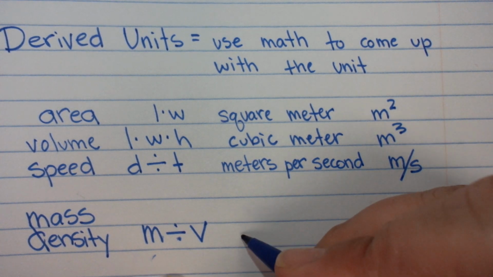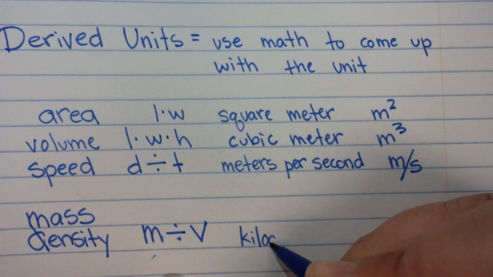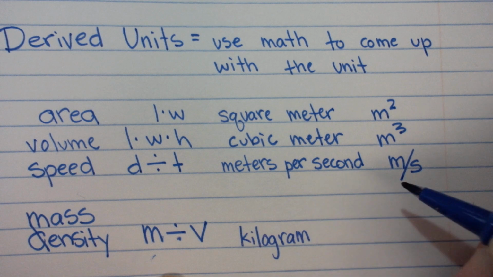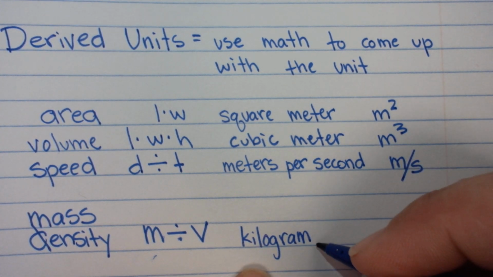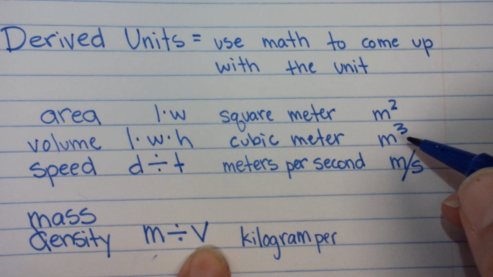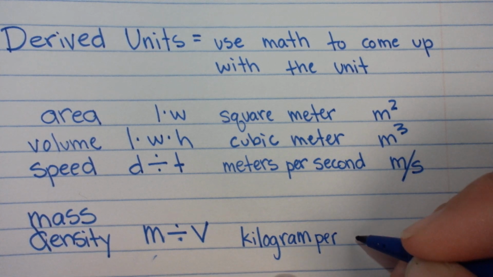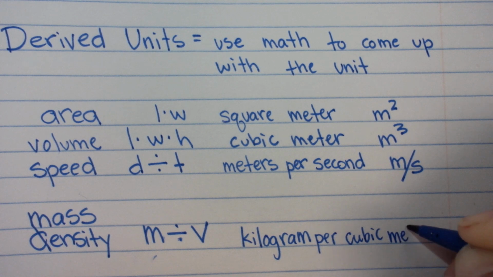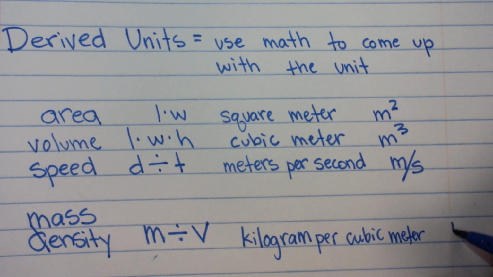Somebody whispered kilogram. Practice that one. That one will come up on questions later. Kilogram per, because we're dividing. What's the unit for volume? Cubic meter, so kilogram per cubic meter.